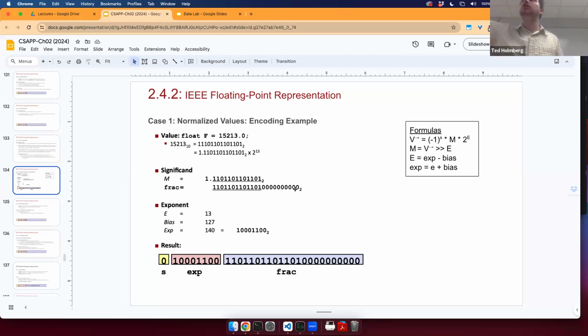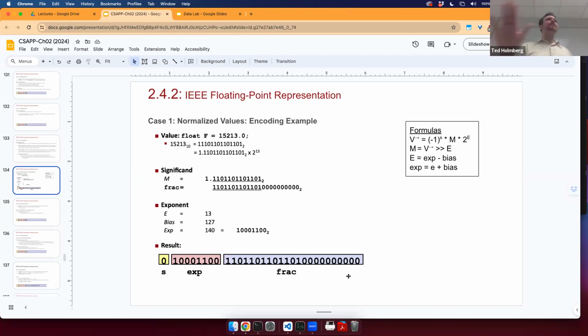That's the actual realization of that. So here you can see my E term is 13, my bias is 127, I get 140, and that's going to give me my exponent term here so that I can encode that. And so my IEEE representation of 15,213 would be this binary sequence. Does that make sense?